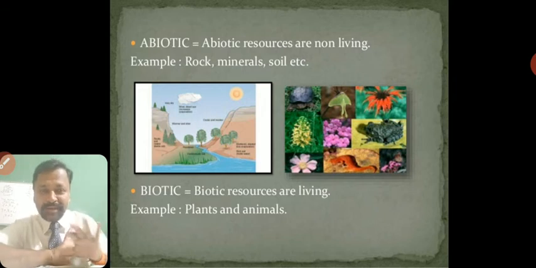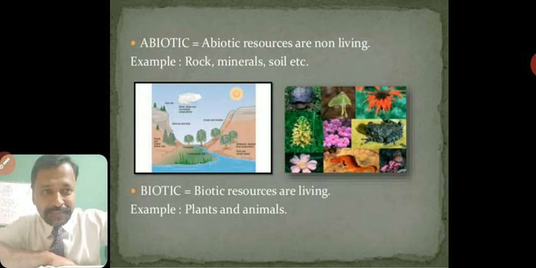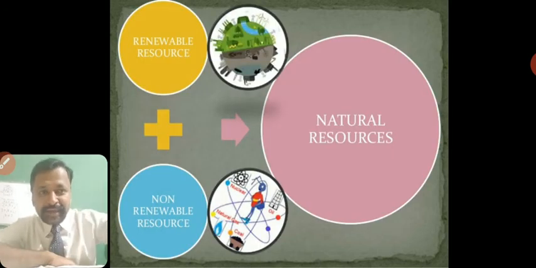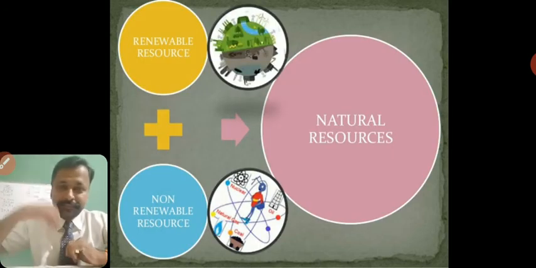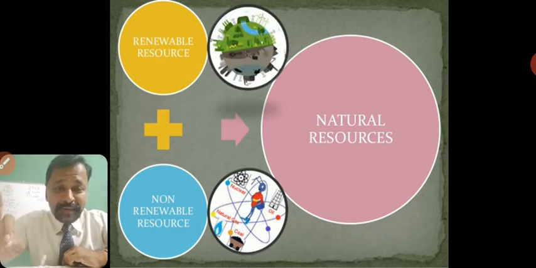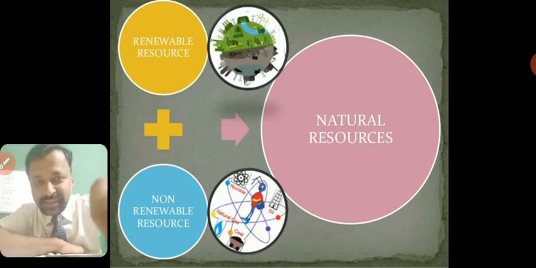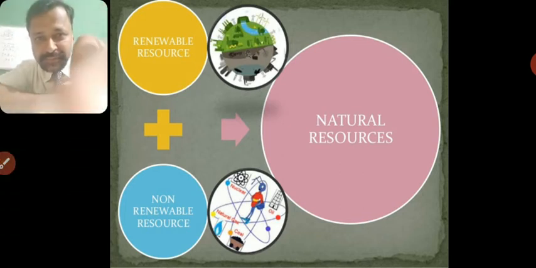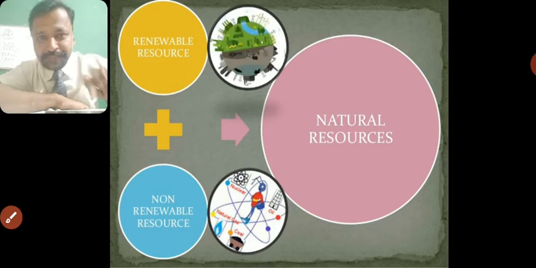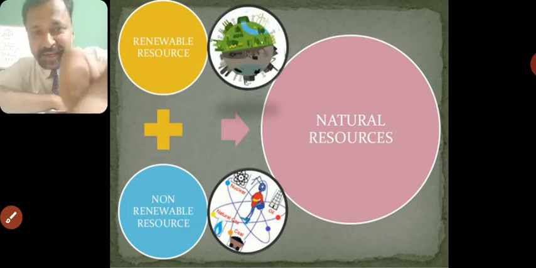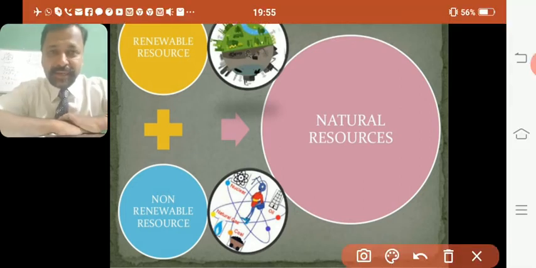I hope you clearly understood. Biotic means living things, abiotic means non-living things. Next. Now, natural resources: either they will be renewable or they will be non-renewable. This is something confusing to many students I have seen in my classes of 8th standard. They always get confused between renewable and non-renewable.